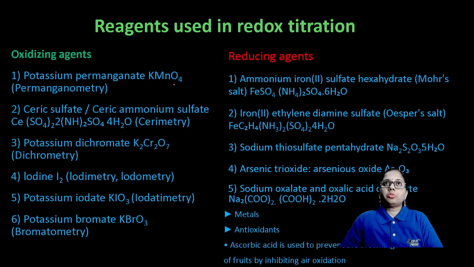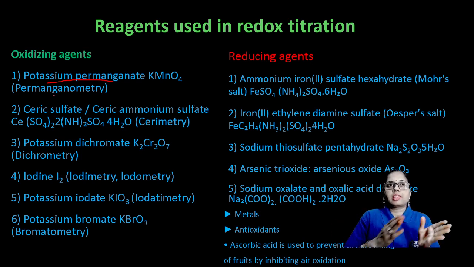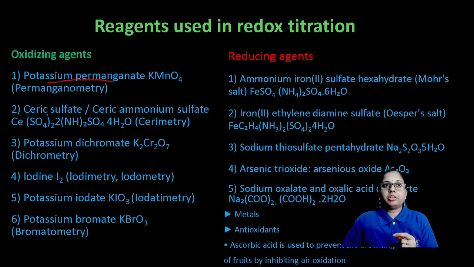So the reagents used in redox titrations are oxidizing agents and reducing agents. Examples of oxidizing agents: potassium permanganate, KMnO4, a well known oxidizing agent. If you use KMnO4 in the chemical reaction, it is called permanganometry. Similarly, ceric ammonium sulfate, if you use it, is called cerometry.